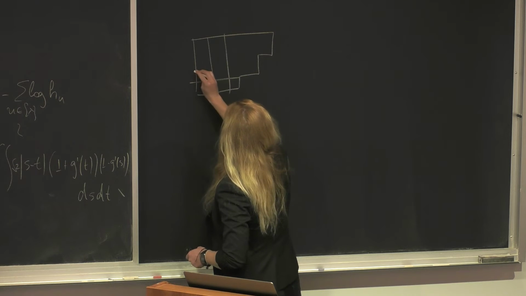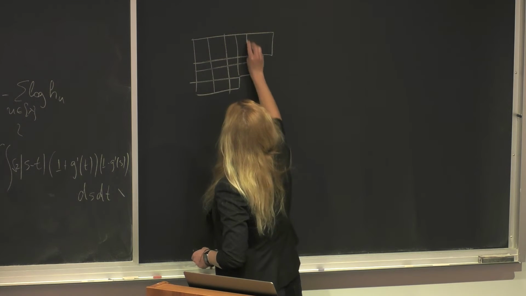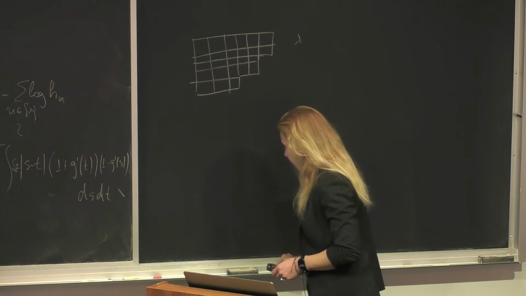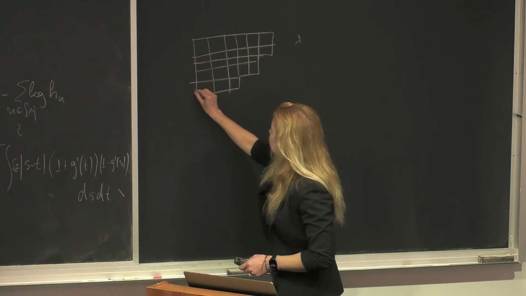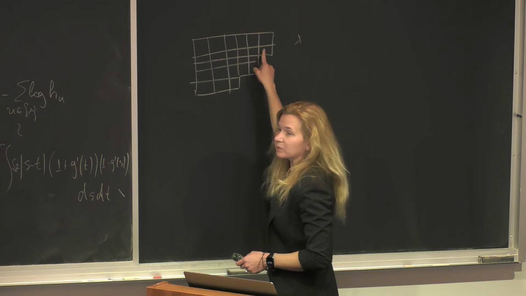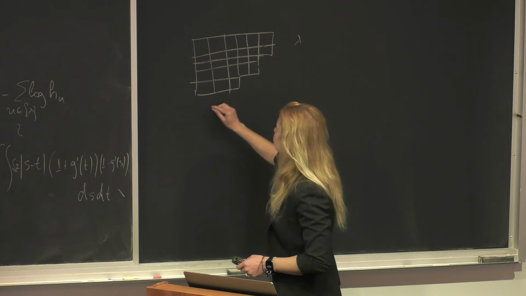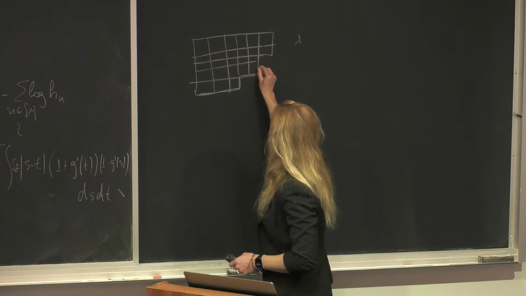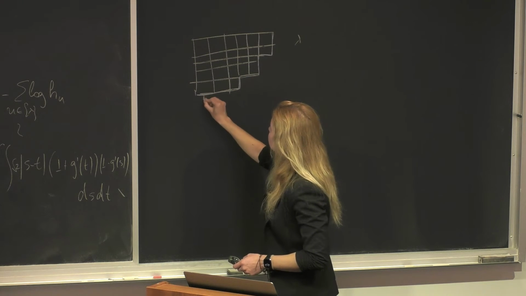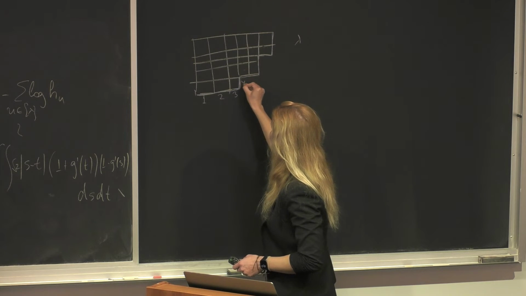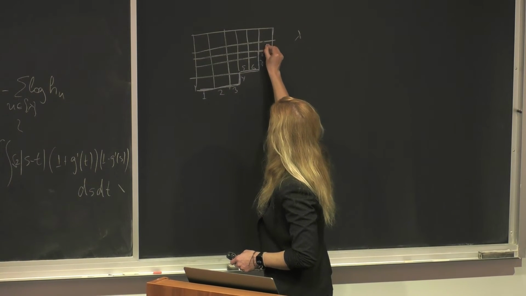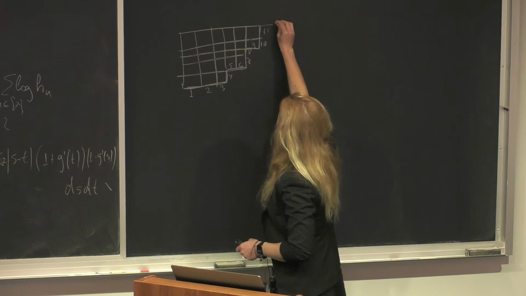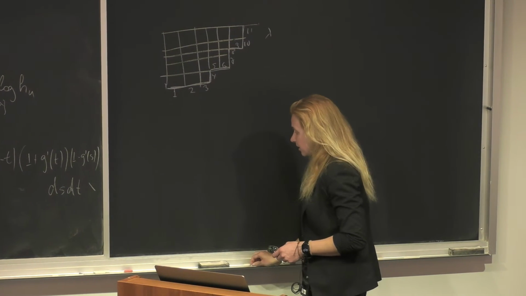Suppose that we have some partition lambda like this. Maybe this is our partition lambda. Let's start moving along the boundary of the partition. It's a lattice path. We can number the steps 1, 2, 3, 4, 5, 6, 7, 8, 9, 10, 11 in this case, or I don't know until where we go.